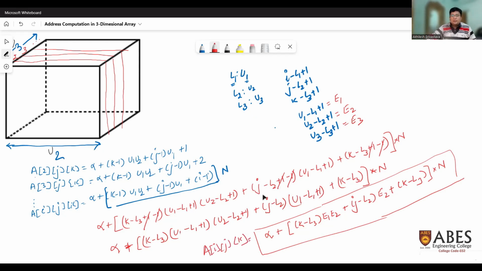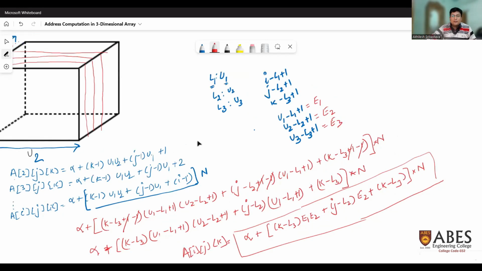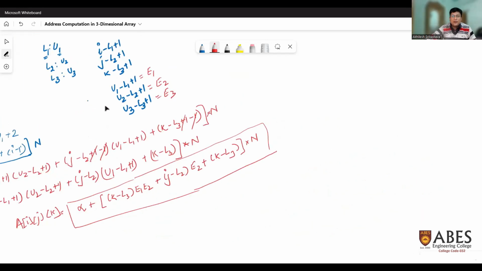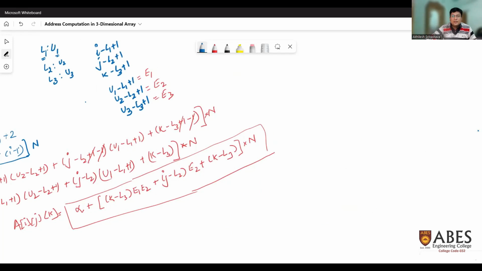Let's take an example and try to find out the address. We're taking a very simple one. Let's take the base address of the array as 1000, and let's assume that every element takes 2 bytes for the storage. The array is A[0 to 10], then [0 to 8], and [2 to 7].